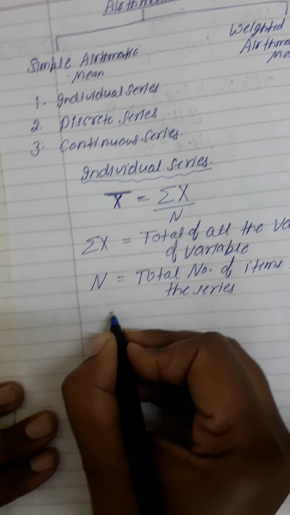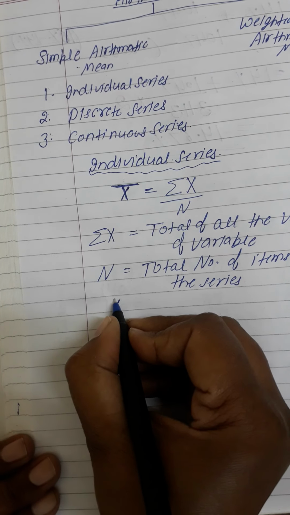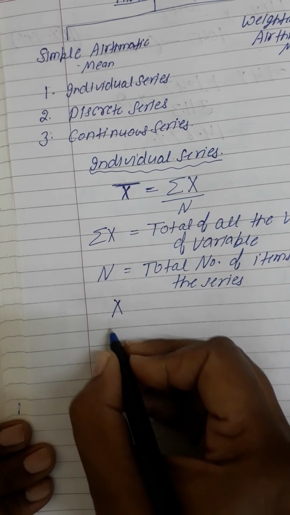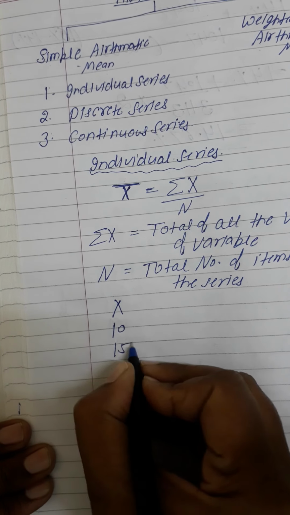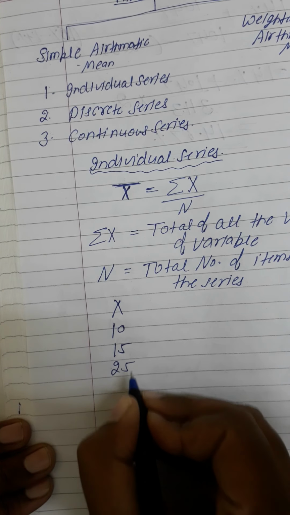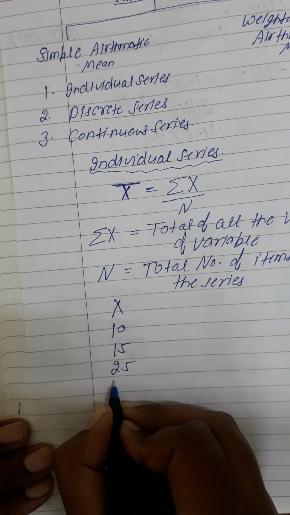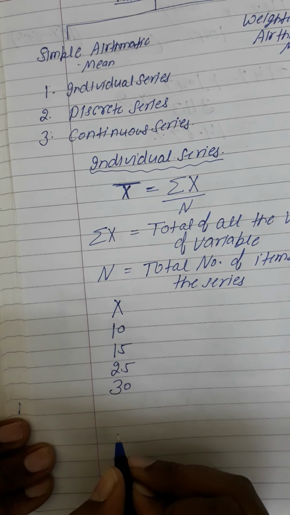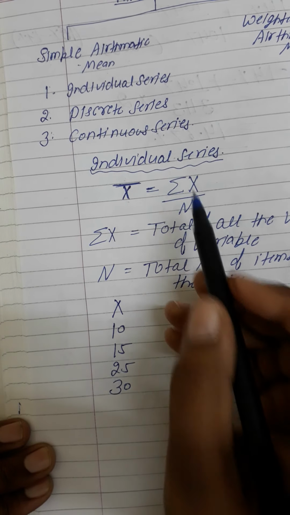Suppose for example x is given to be 10, 15, 25, 30 and we have to calculate arithmetic mean.